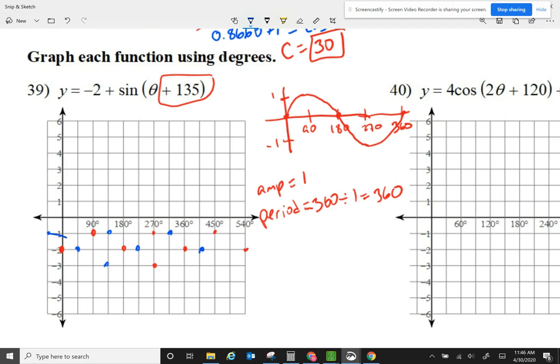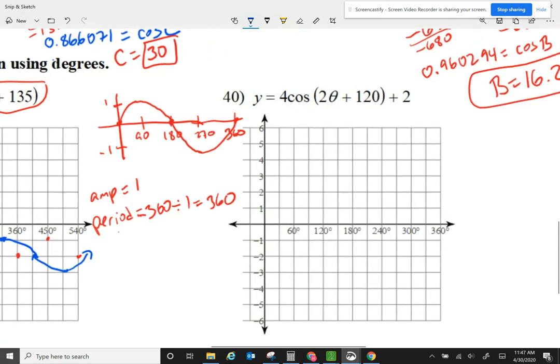So that's going to give me something like this. Move everything 3 to the left. There we go.